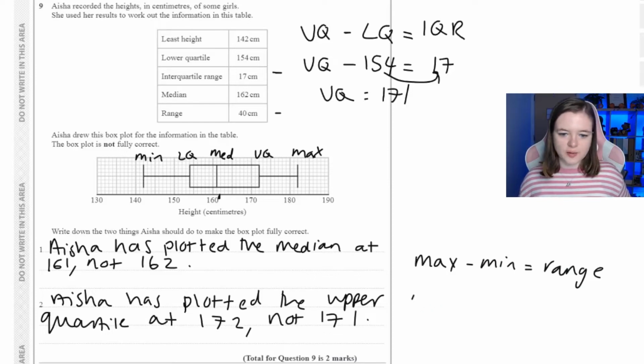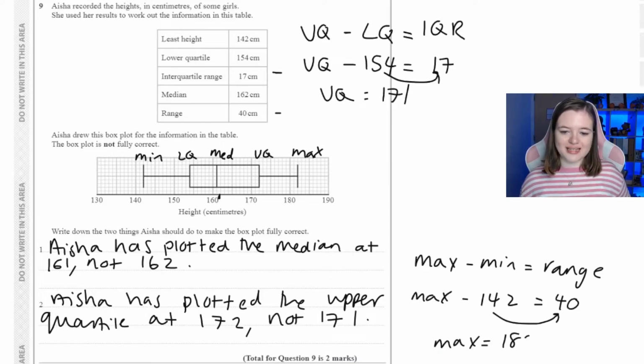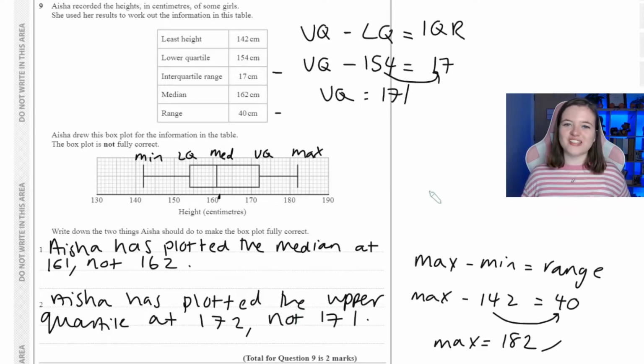Max, in this case, what we're trying to find, take away the min, which is 142, equals the range you're telling us, which is 40. So then the max, add that to that. So max is 182, and that one is fine. So Aisha's done that one correct. But not the median and not the upper quartile. And that will get you 2 marks.